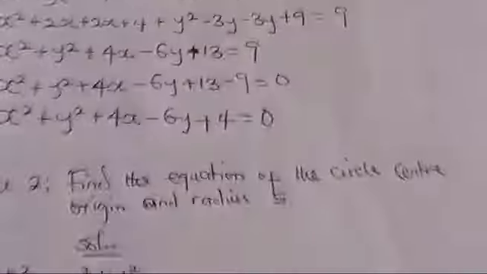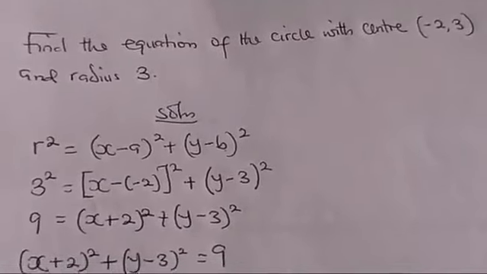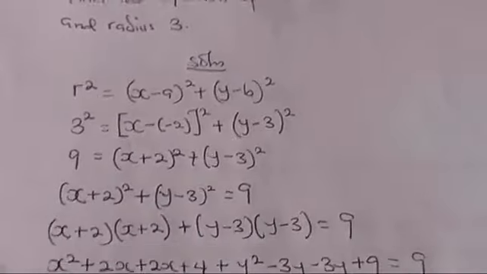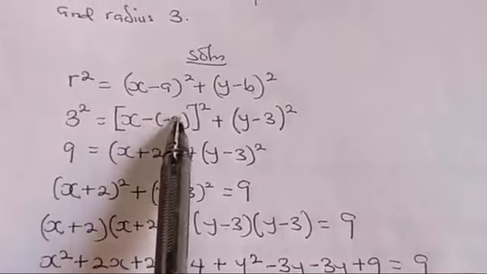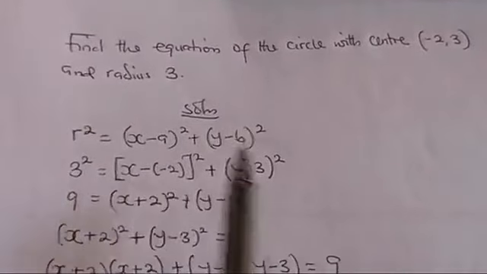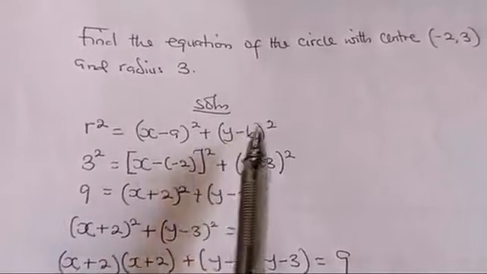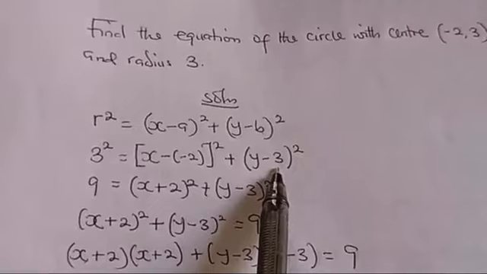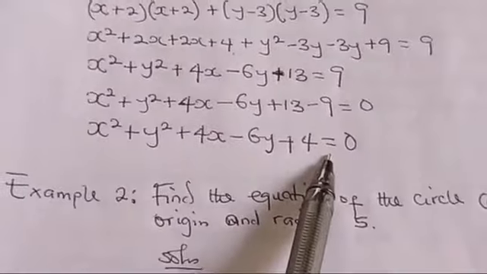In the previous one, we were given the center of the circle to be -2, 3. So we needed to substitute as appropriate, where you have a for the x-axis and 3, which represents b here for the y-axis. And finally, we were able to arrive at this.